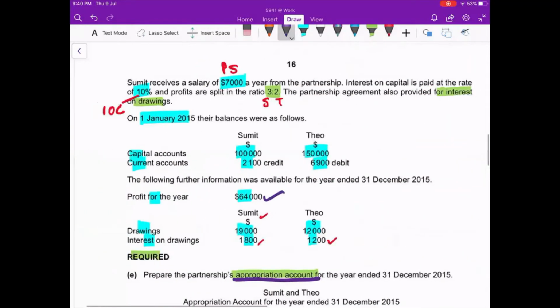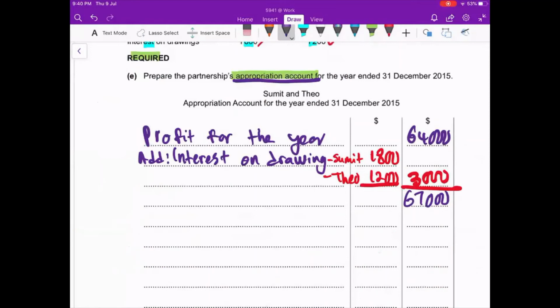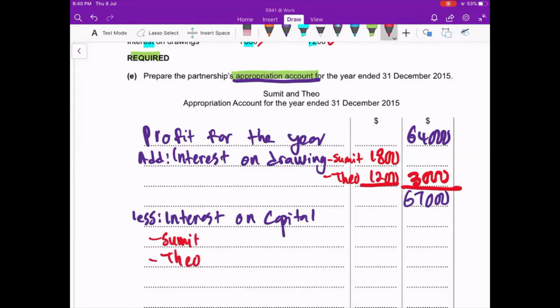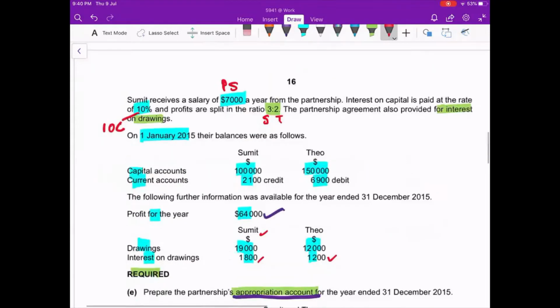So I go here, sorry, interest on capital. So I go here, I write here, less interest on capital. I write down here because I need to show the calculation. First one is Sumit, another one is Theo. So can we check how much Sumit's capital? Sumit's capital is 100,000, and how much is the interest on capital?